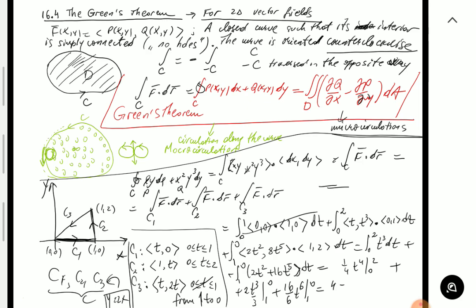Then it's going to be minus 2 thirds, 0 minus 2 thirds, and then 0 minus 16 over 6. Common denominator is 6. We can multiply the first one by 6, so it's 24 minus 4 minus 16 over 6. That's 4 over 6, which is 2 over 3.